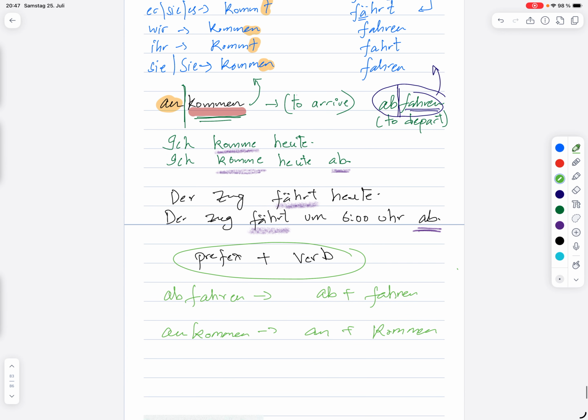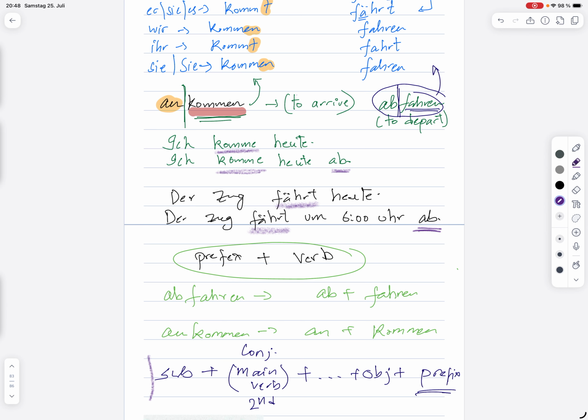Then if you have a sentence structure with a subject and a Trennbare verb, then you have the main verb here, which will be conjugated and in second position, then information, then object, and then the prefix comes at the end for such a sentence structure with a Trennbare verb, right?